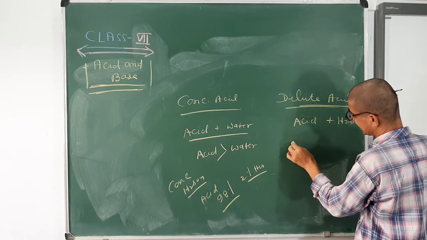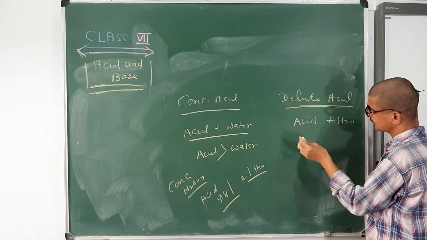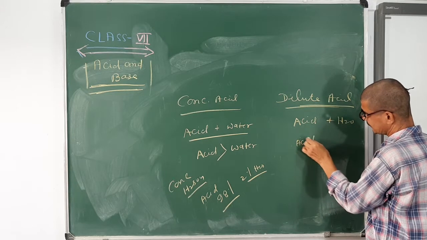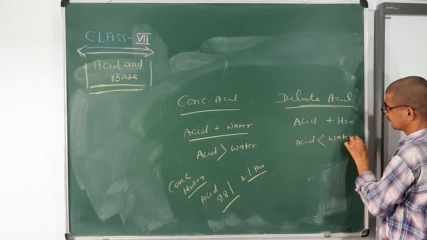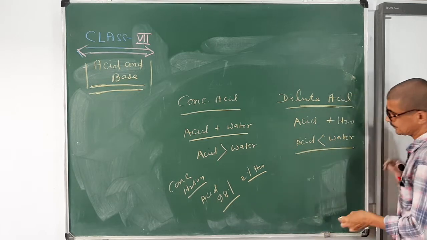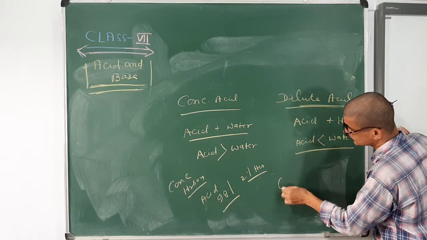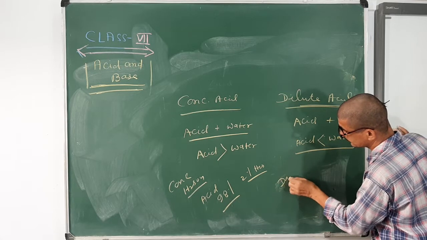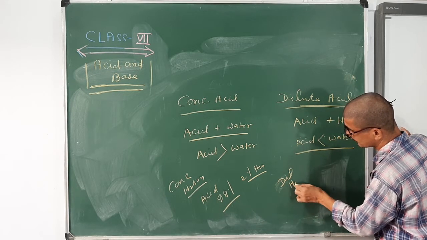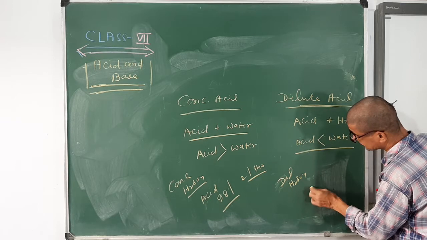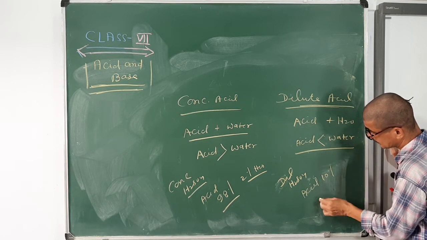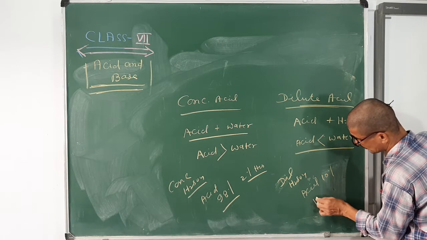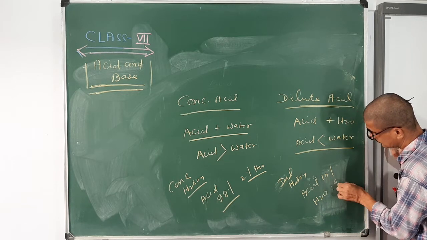Now dilute acid also has water, but the percentage of water is greater than acid. So acid is less than water, that is called dilute acid. Dilute sulfuric acid, short form is dil, means acid 10% and water 90%.